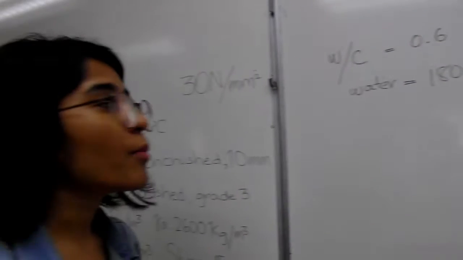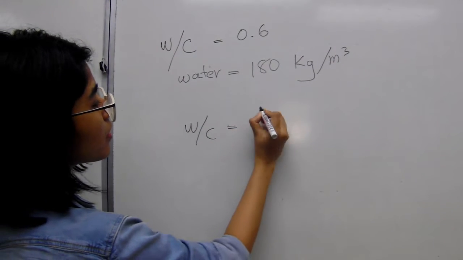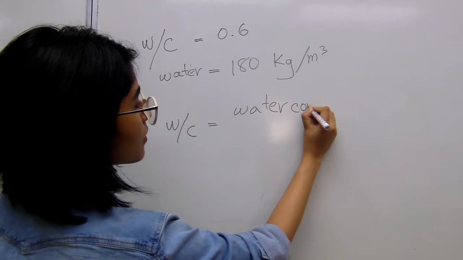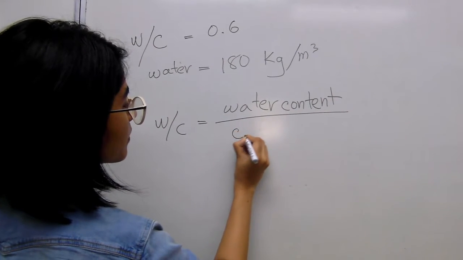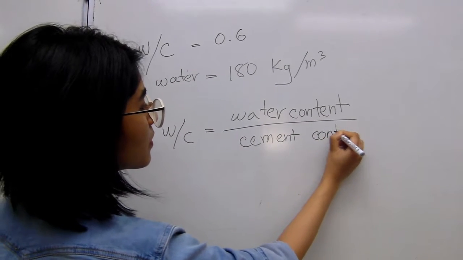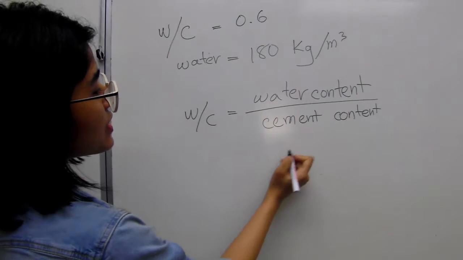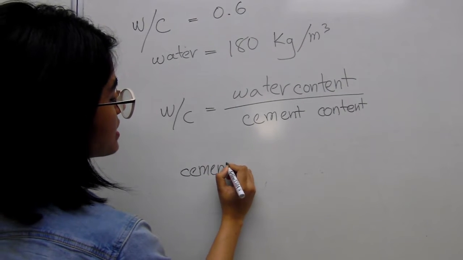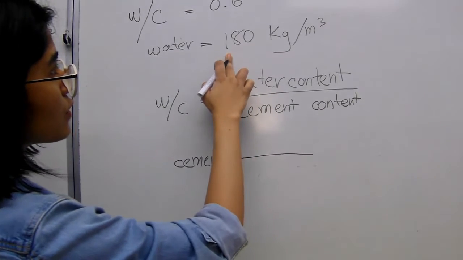Now the formula for water-cement ratio is water content divided by cement content. If we rearrange this formula, we find that cement content equals water content divided by the water-cement ratio. So we can just put in the values to find the cement content.